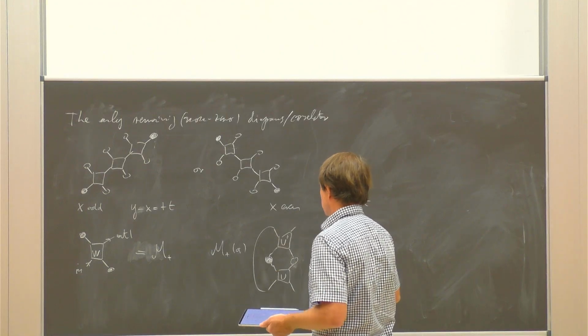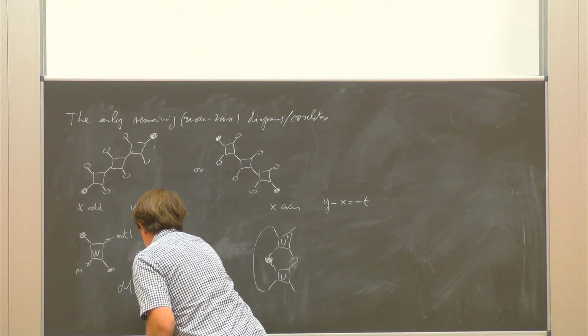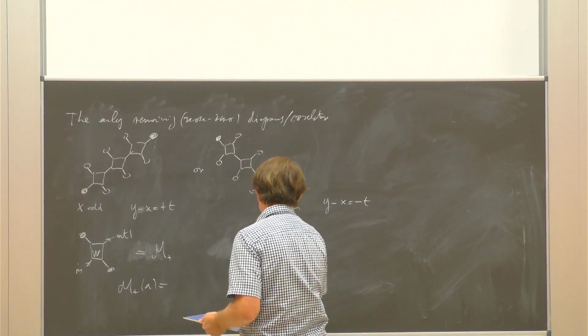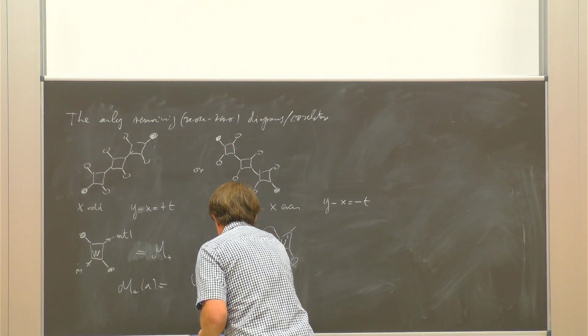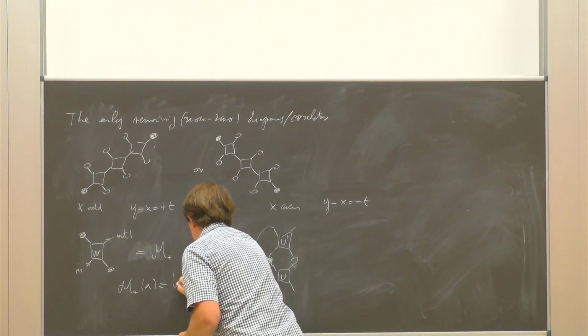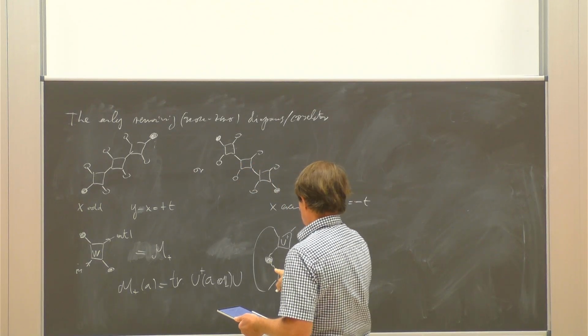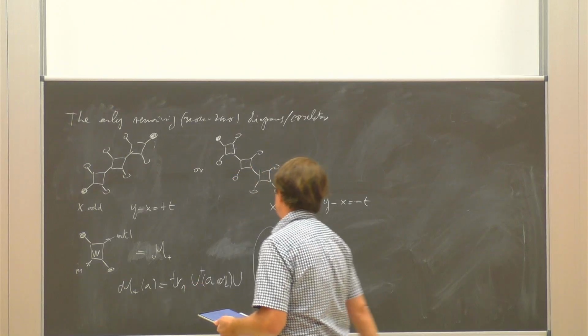So M plus of A is you take U dagger, A cross identity, U, and you take a trace over the first guy.